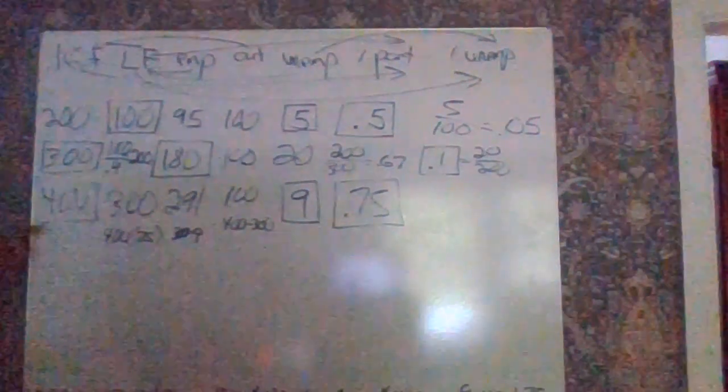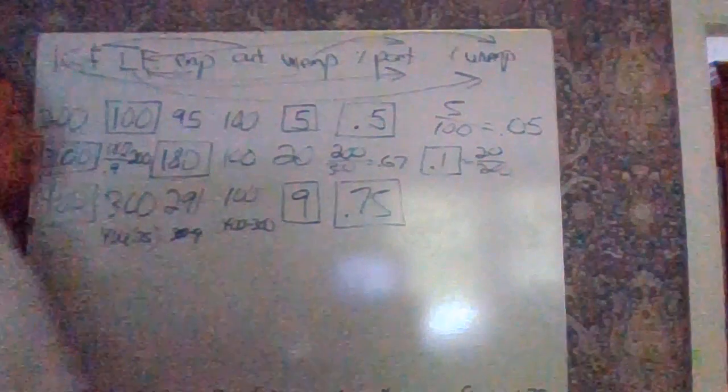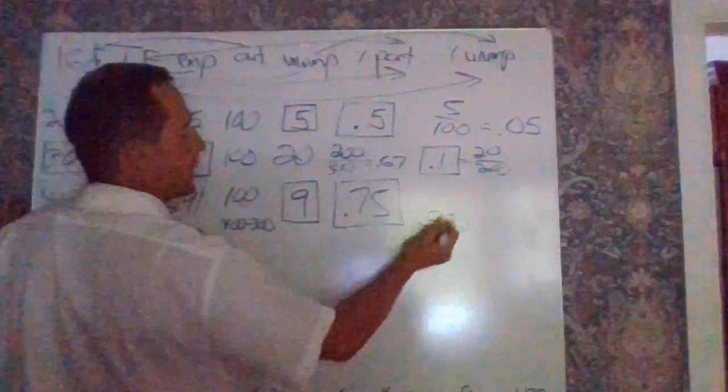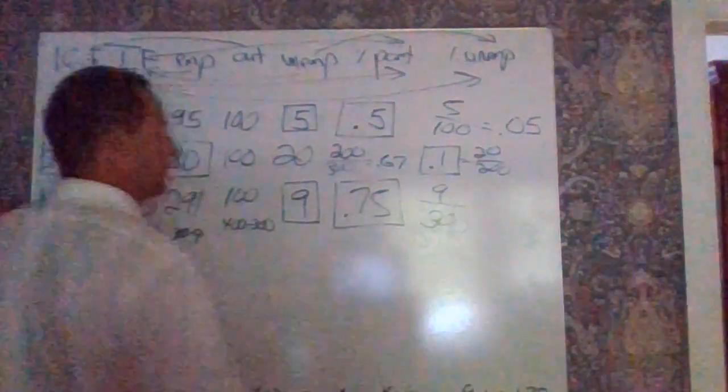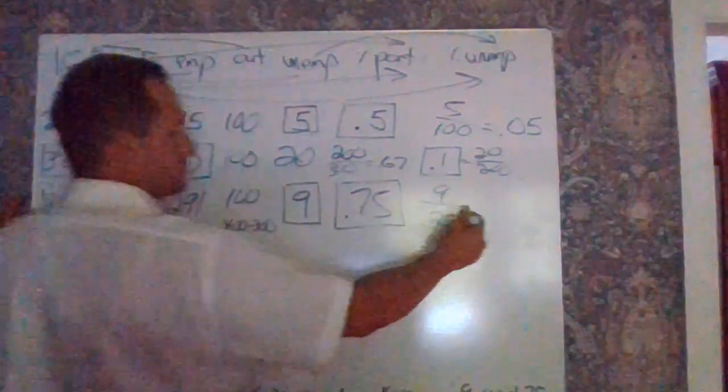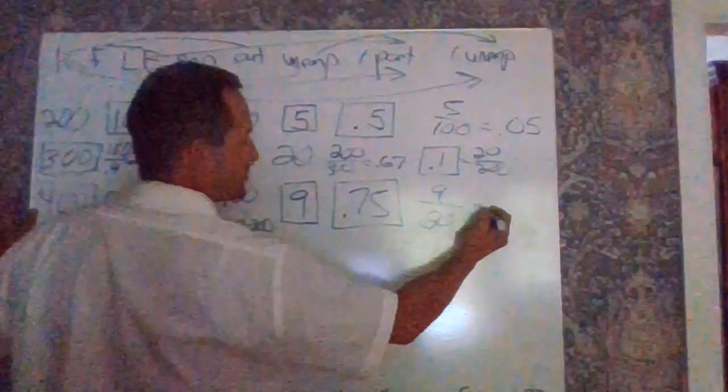What is the unemployment rate? Well, the labor force is 300, and the unemployed number is 9. So there we have an unemployment rate. It looks like it says 9/3.